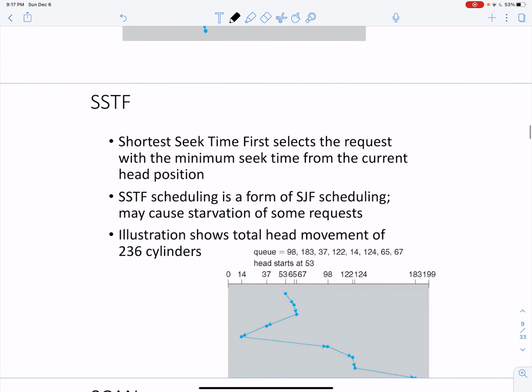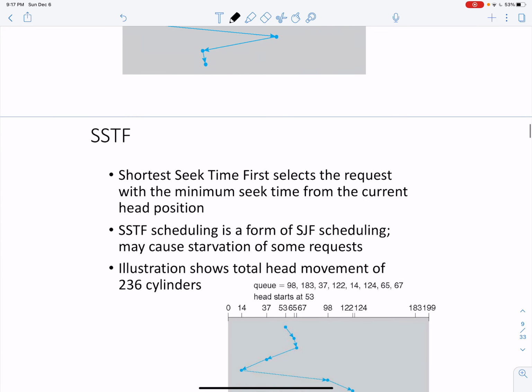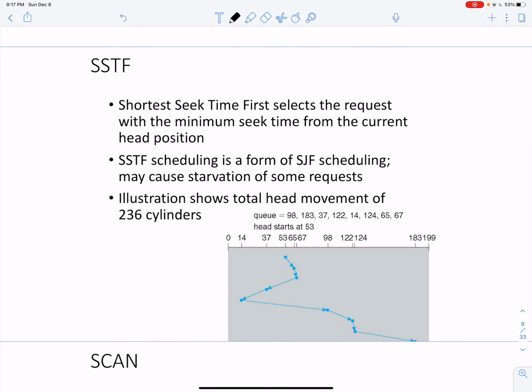So to reduce the seek time, people proposed an algorithm named shortest seek time first. The idea is that, given a sequence of cylinders to be visited, we are going to move to the closest one next, and then the second closest one. In the beginning, our head is at 53.